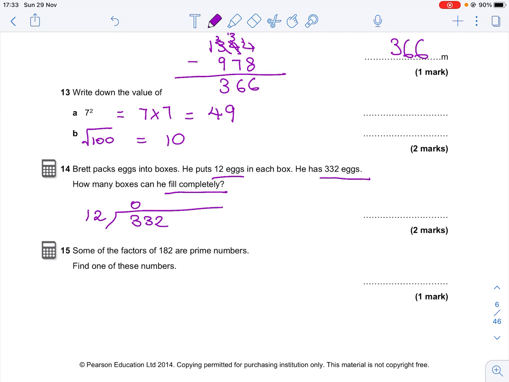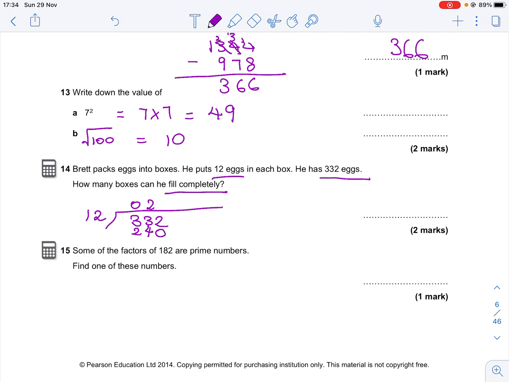How many 12 go into 3? 0 times. How many 12 go into 33? Twice. So 2 times 12, which is 24. 2 times 2 is 4, 2 times 1 is 2. Just put a 0 on the end.